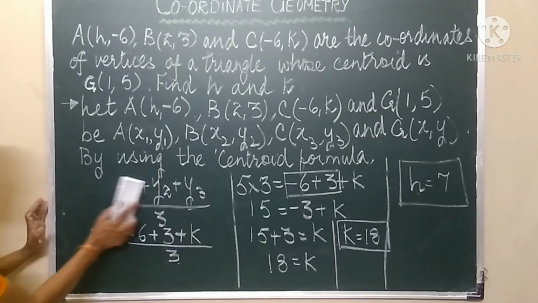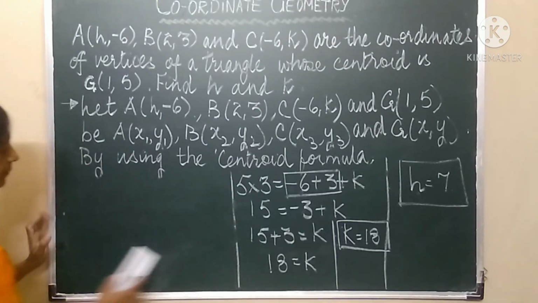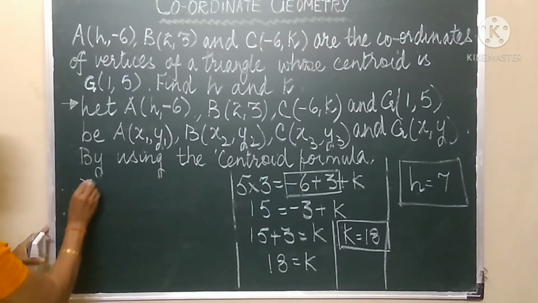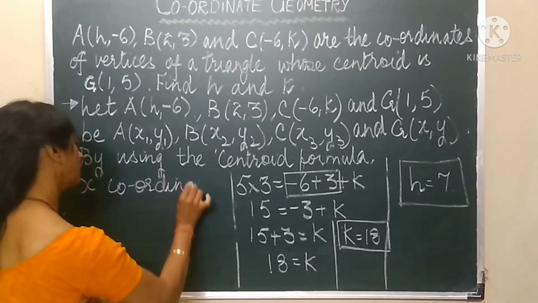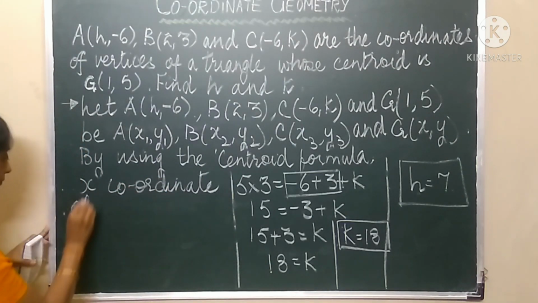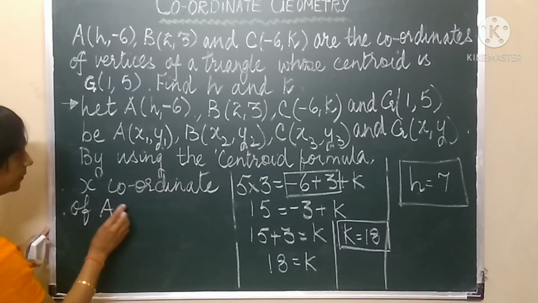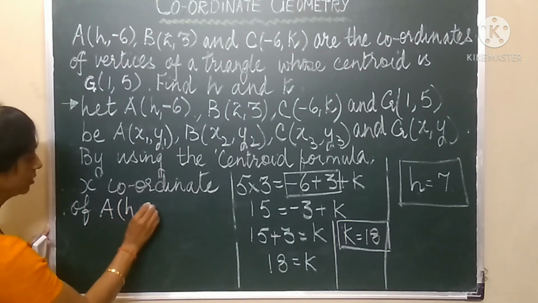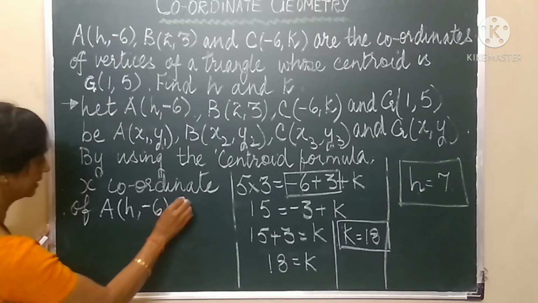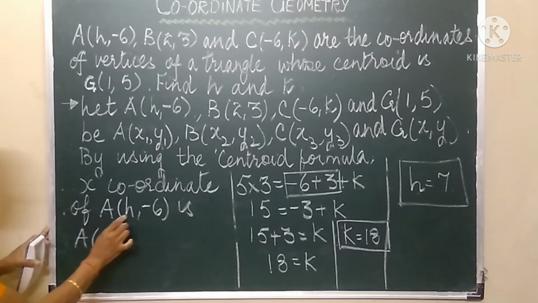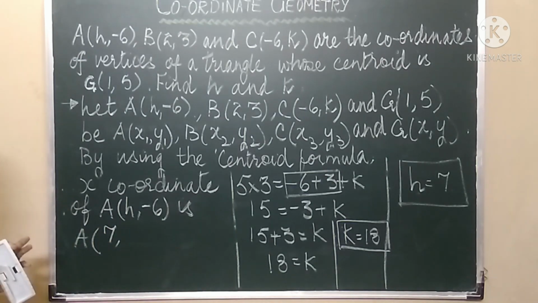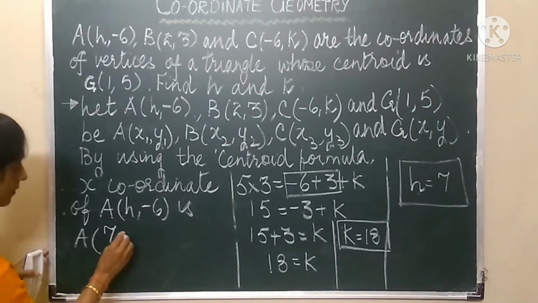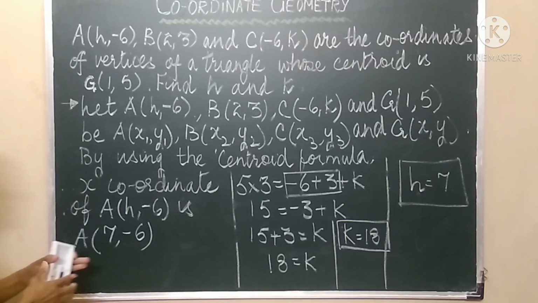Thus, we can conclude that the x coordinate of A, that is h, we have got the answer as 7, and the y coordinate is minus 6.